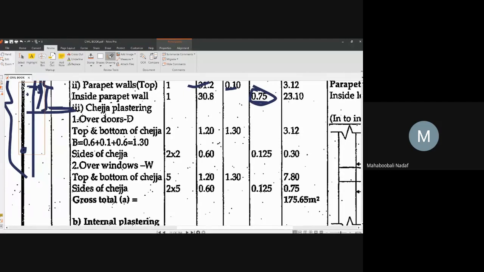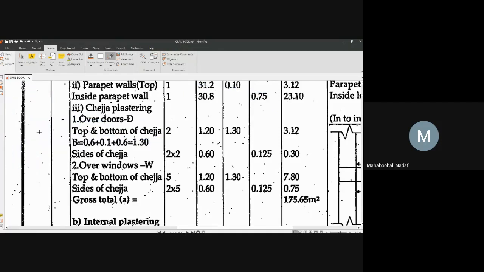Now see here, door, top and bottom of the chajja. 0.6 is the top. If you draw, you will understand. Let us think it is a wall. Here the window is there, and outside the chajja is projecting.